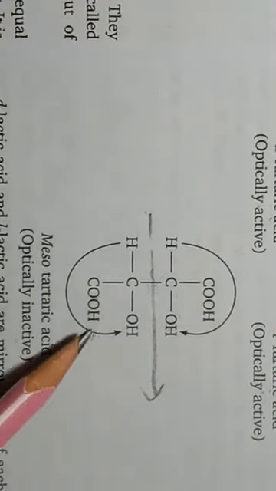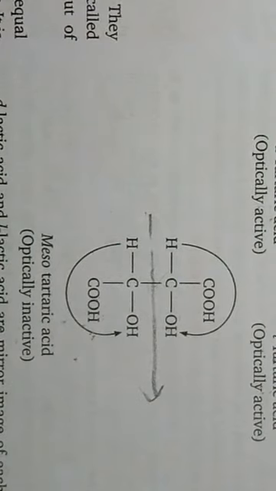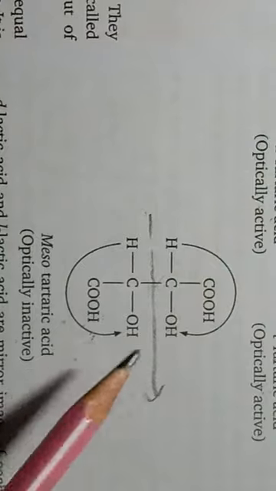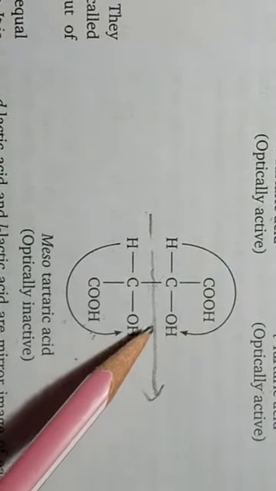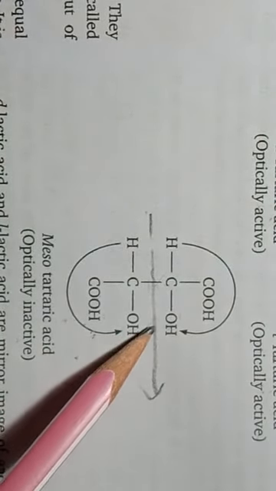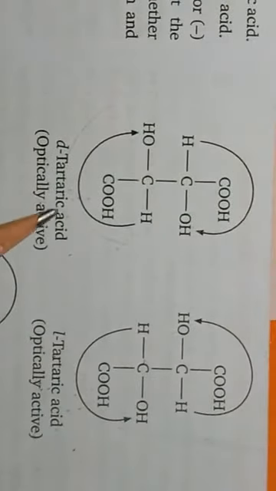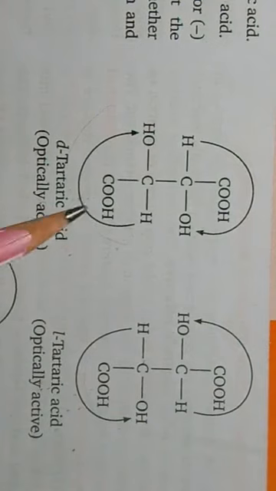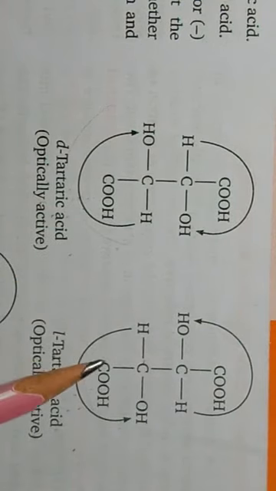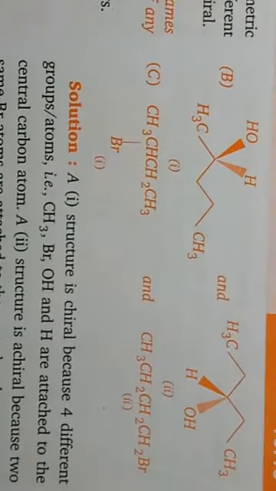In meso form of tartaric acid, internal compensation is present. So it is optically inactive due to internal compensation, and when we mix equal amounts of these 2, the mixture will be optically inactive due to external compensation.